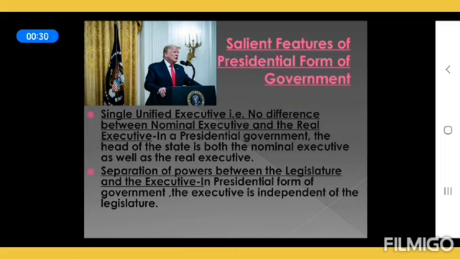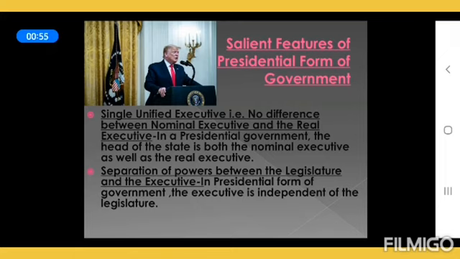Okay, so the membership of the two is incompatible. For example, suppose X is a member of the legislature, he cannot be simultaneously a member of the executive as well.